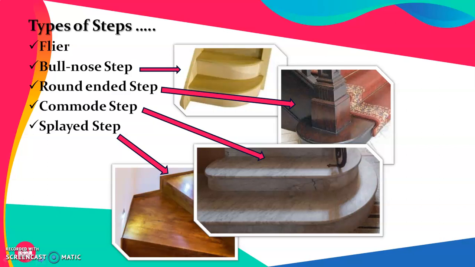The round-ended step is once again the first step of any type of stair which has got the rounded end. The commode step is a step which has got rounded ends on both its ends, while the split step is a step of a shape other than rectangular or with curved ends. They are generally irregular in shape.